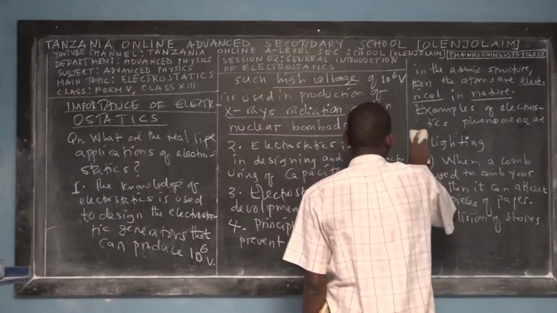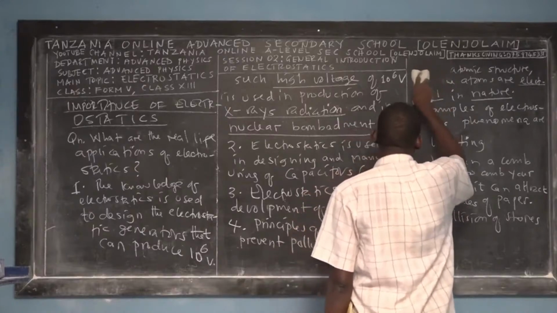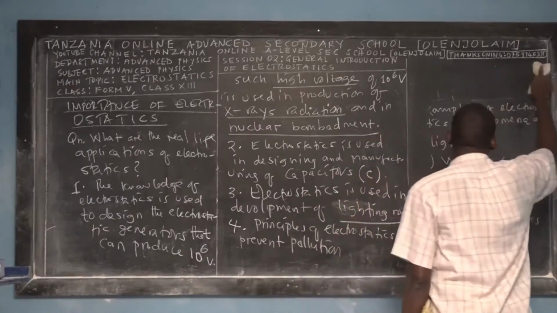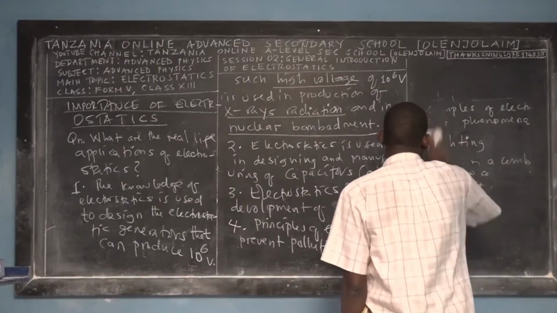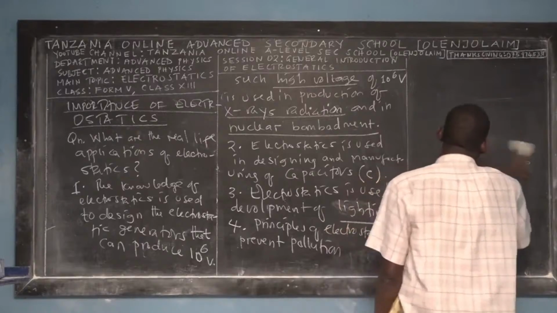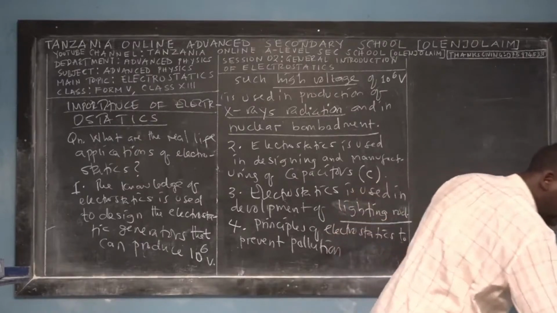So principles of electrostatics are used effectively by environmentalists to avoid or to prevent pollution in a particular area, right?